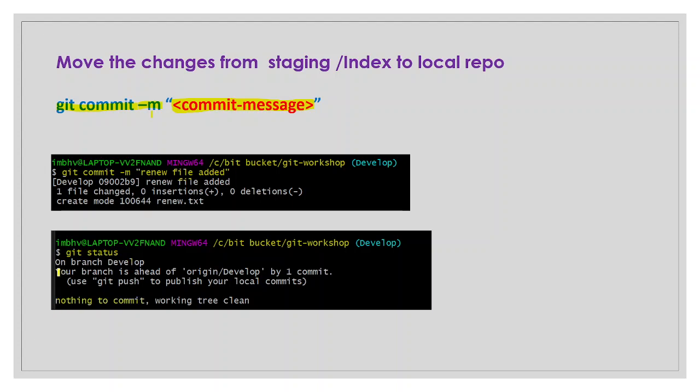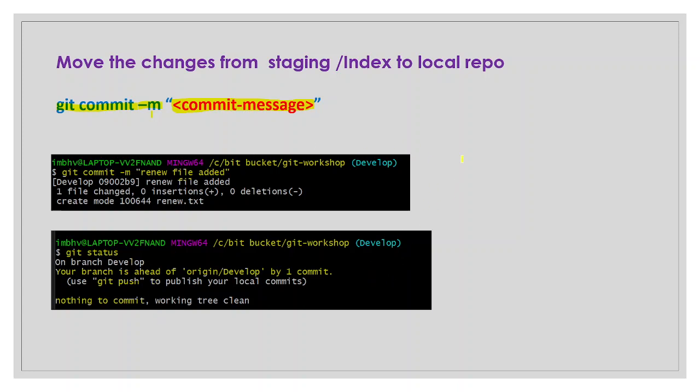Your branch is ahead of origin/dev. Dev is my primary. So one commit has been added to your local repository. That's the reason it's showing use git push to publish these changes. These are committed in your local machine, but those are not available in remote yet.